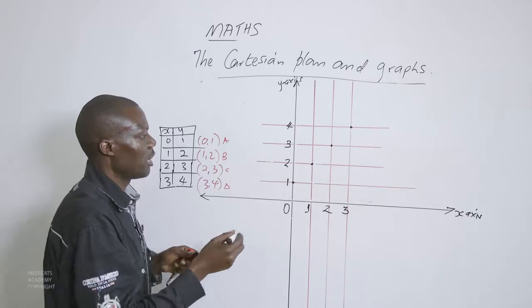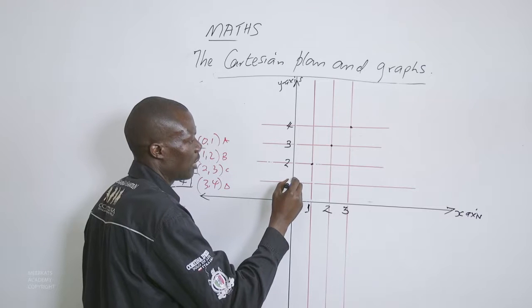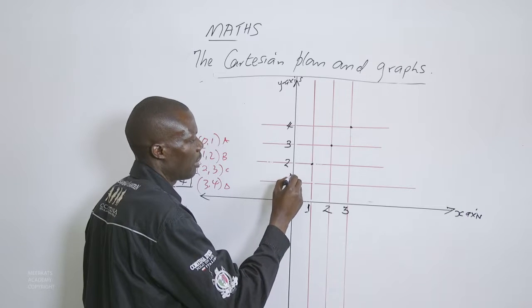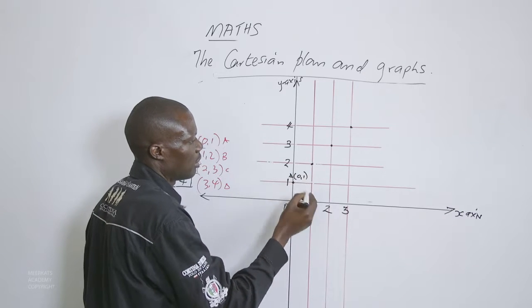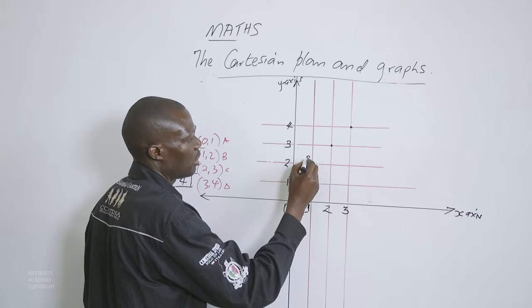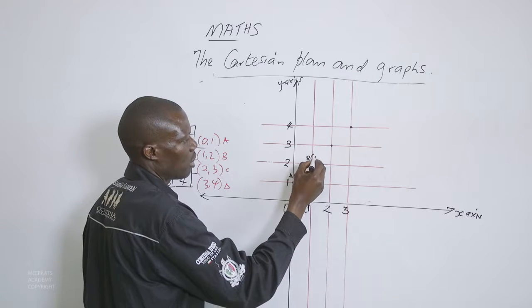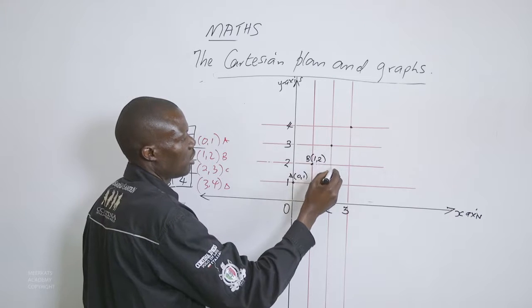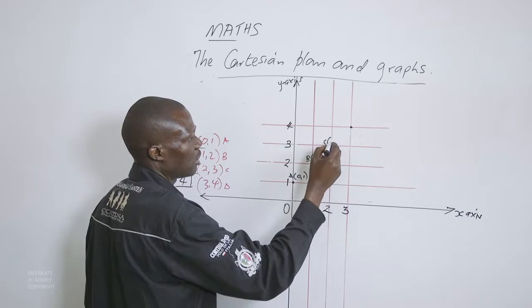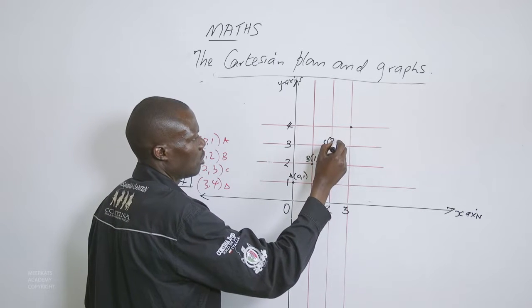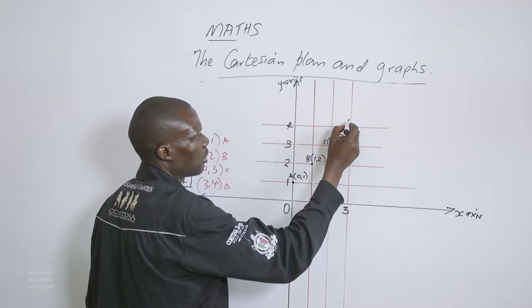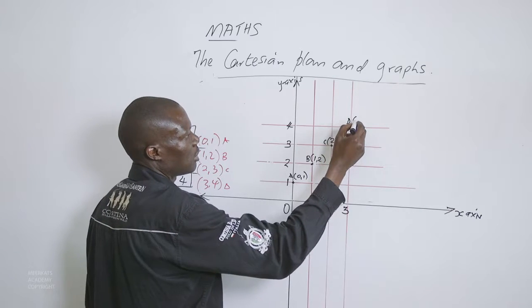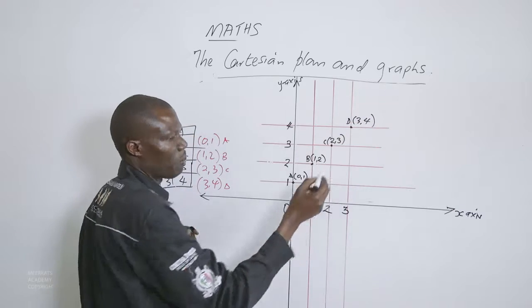So the A is here, so we can give it here. This point here is our A with the coordinates 0, 1. This point here is our B with the coordinates 1, 2. This point is our C with the coordinates 2, 3. And the last point is our D with the coordinates 3, 4.